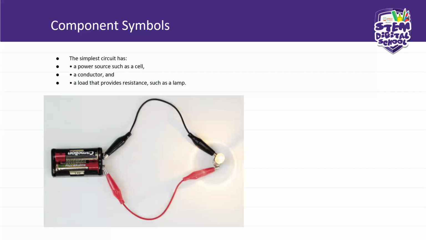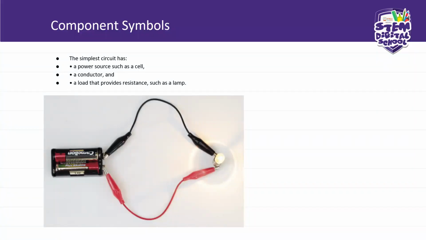We still have the input and the output here. The input is the power source. The output is the output component. It can be a lamp, it can be a buzzer, or any other component where we want the current to end, or where we are directing the current in the circuit.